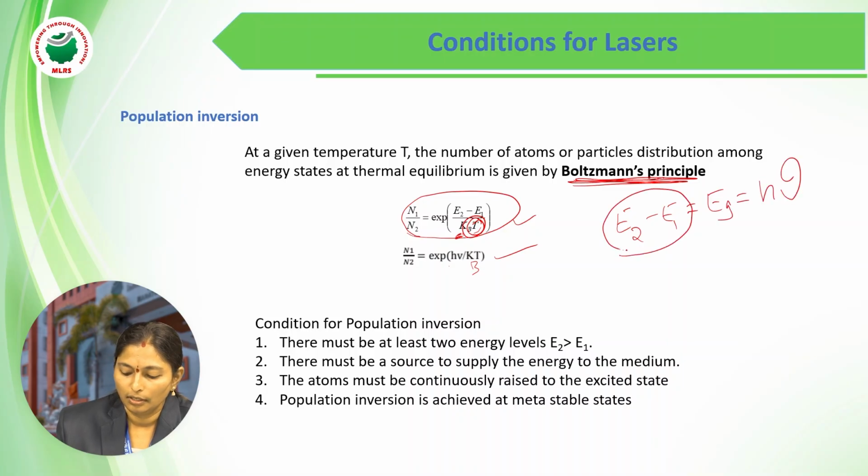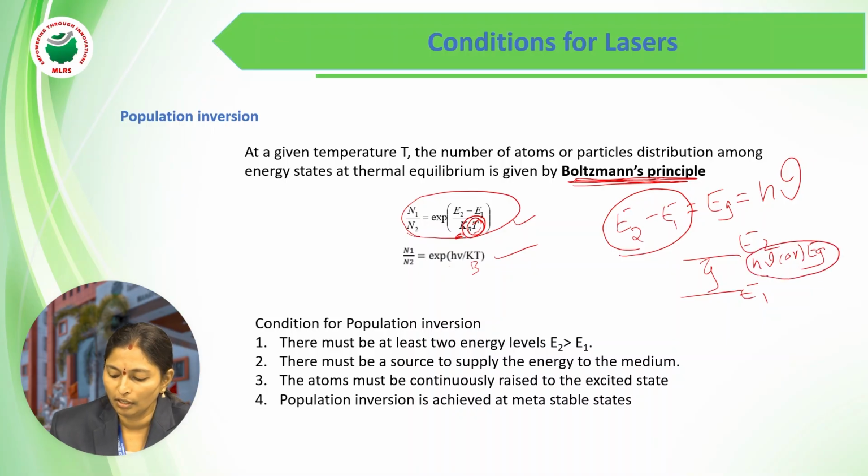This is the difference between the two levels, E1 and E2. This difference we call h nu or Eg. This is the minimum energy we give to the atoms to excite them from one level to another level. So this is the population inversion.